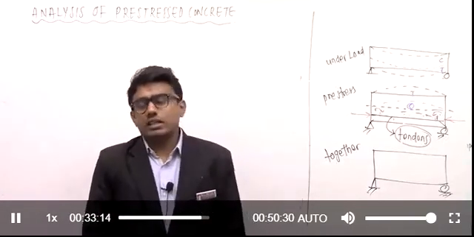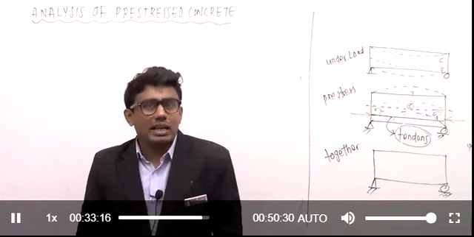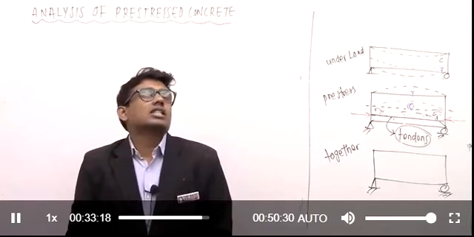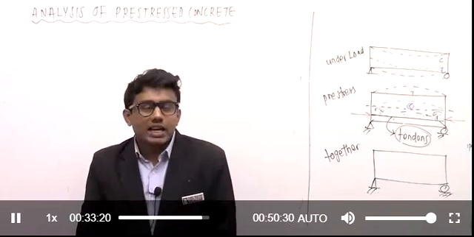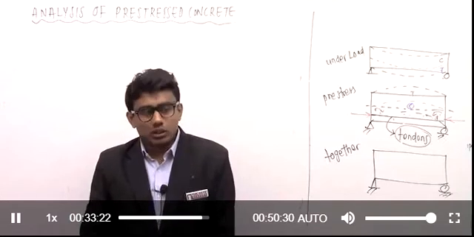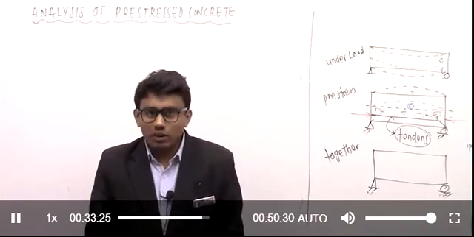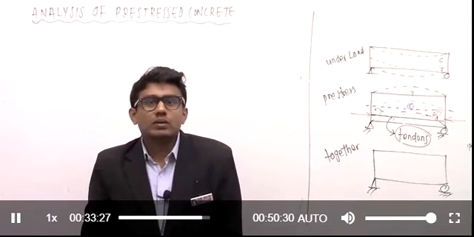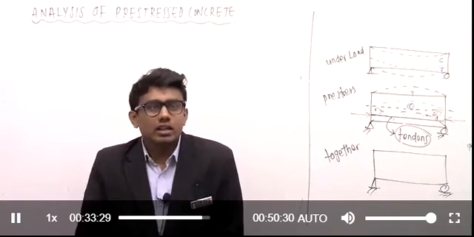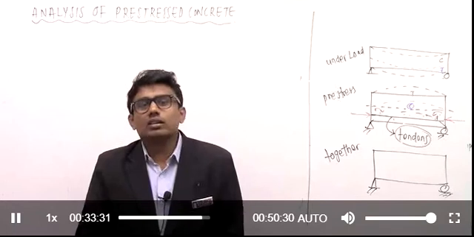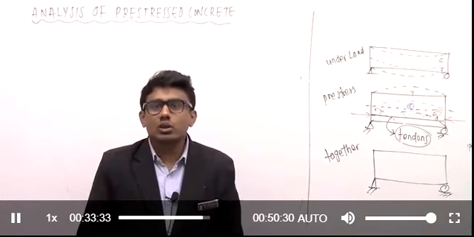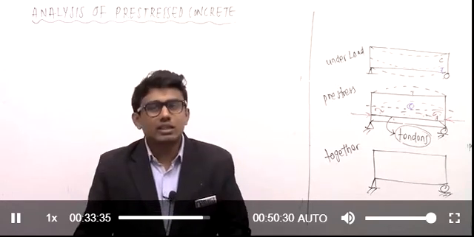Why? Because nowadays almost every structure is being replaced by pre-stressed concrete. Suppose in a high-rise building with RCC we are constructing around a 20-story building, but with pre-stressed concrete, for the same height, maybe we can construct around 20 to 23 stories. I'm exaggerating things, but still.